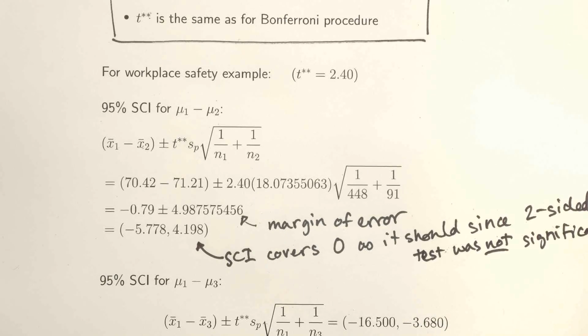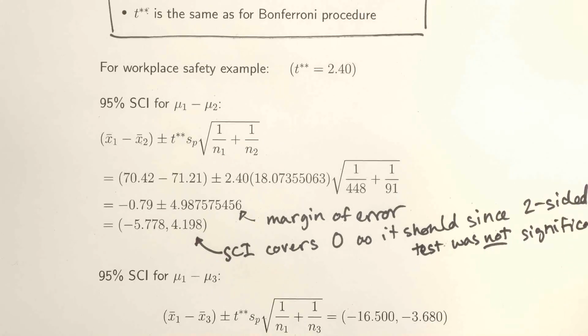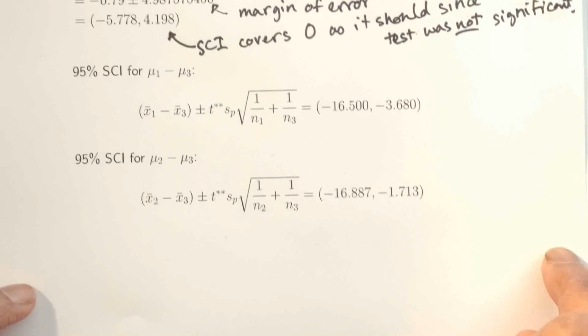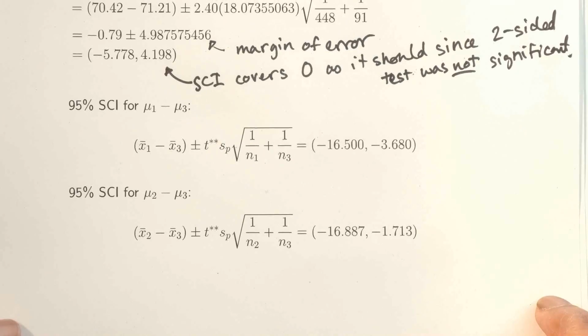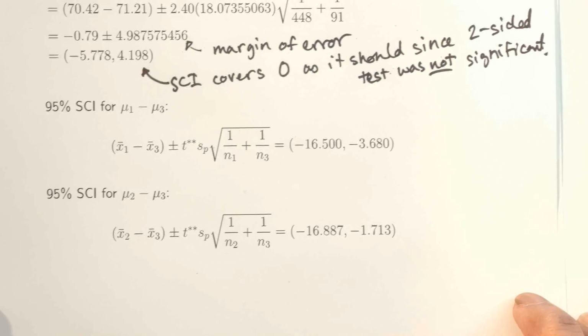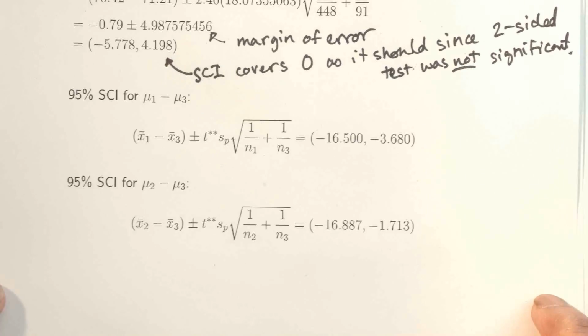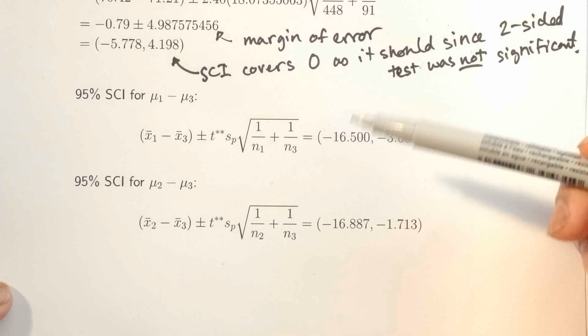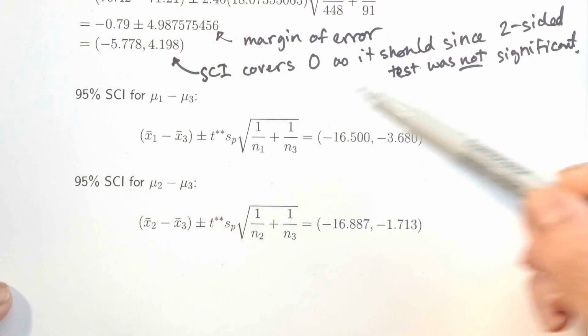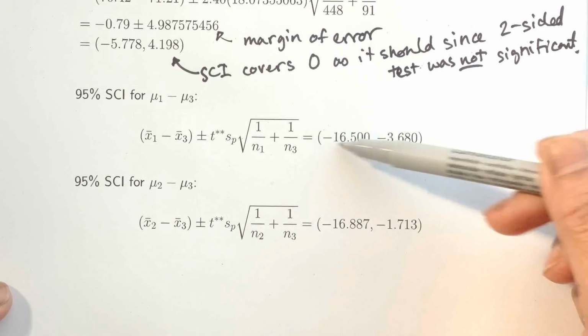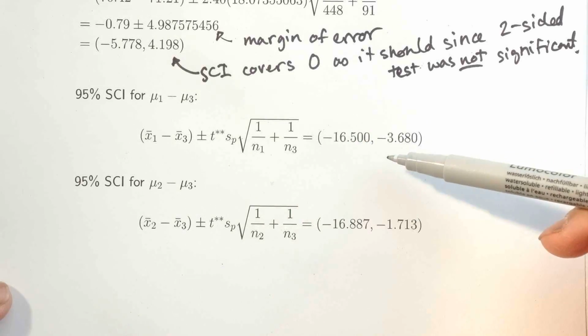Okay, what about the other groups? Well, if we look at both of them, there are a couple of comments to make. First of all, if we look at comparing groups 1 to 3, we see that we have a negative interval.